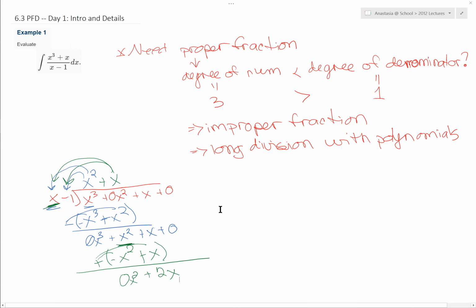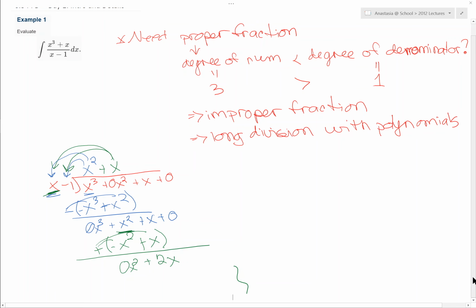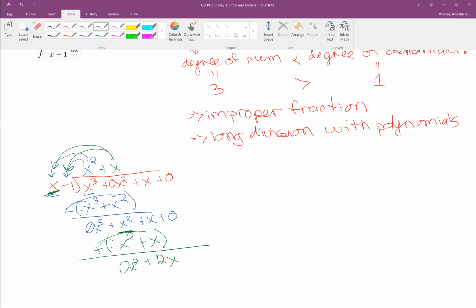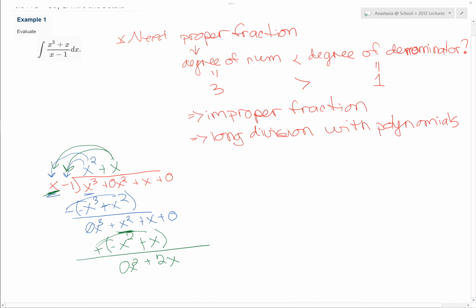Okay, and now last, let me get a little bit more space here. Last, we need to figure out what we need to multiply x by in order to get 2x. So that is 2.